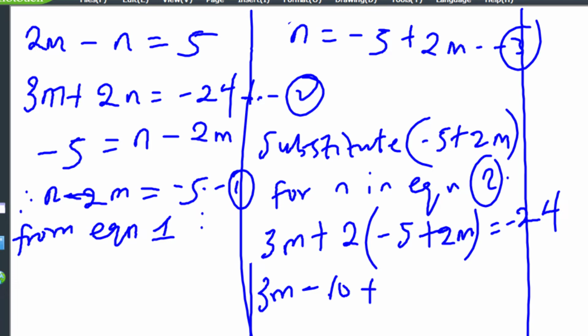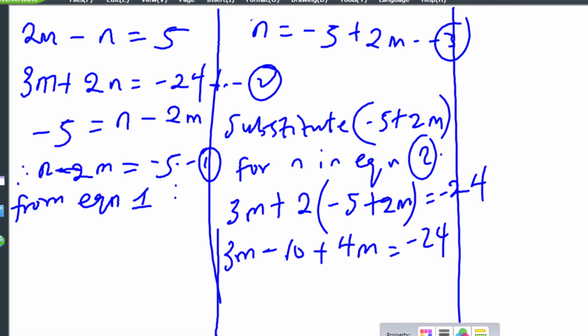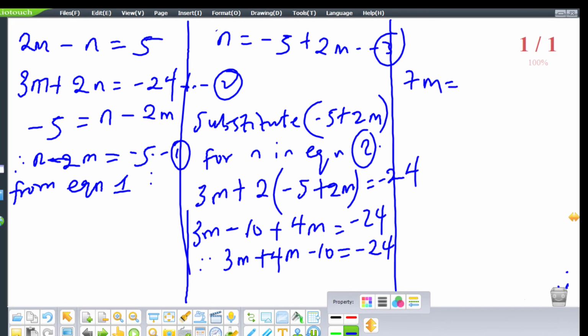Then plus times plus, 2 times 2m is 4m, equals minus 24. So let's collect like terms: 3m plus 4m minus 10 equals minus 24. 3m plus 4m gives 7m. The minus 10 crosses to the other side, so we have minus 24 plus 10. Therefore 7m equals minus 14.